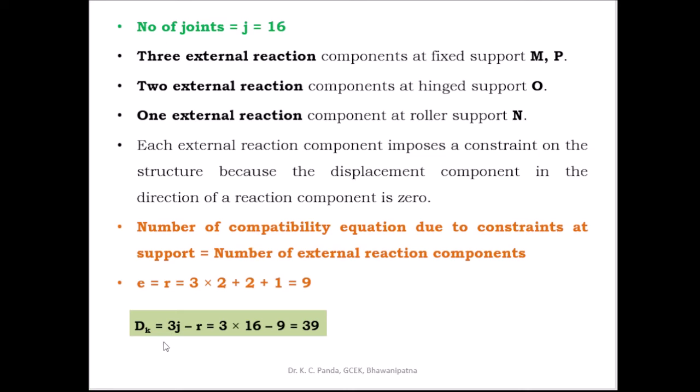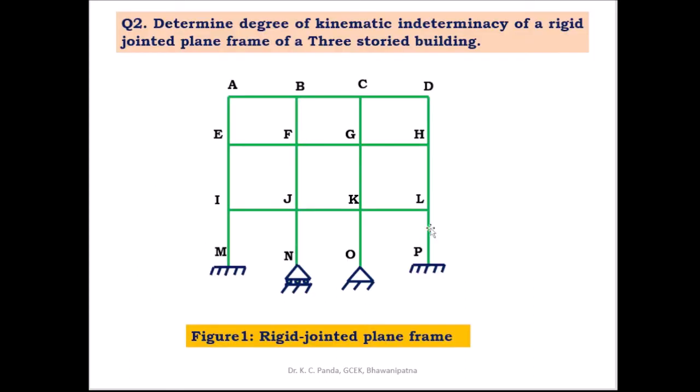So the degree of kinematic indeterminacy for rigid jointed plane frame you can find out by using this expression: dk is equal to 3j minus r, and here you know j is equal to 16 and r is equal to 9. So 3 into 16 minus 9, so this is equal to 39. So this is the degree of kinematic indeterminacy of this rigid jointed plane frame of three-storied building.